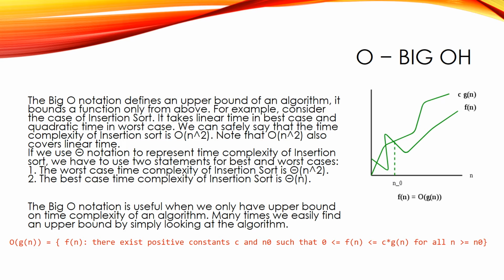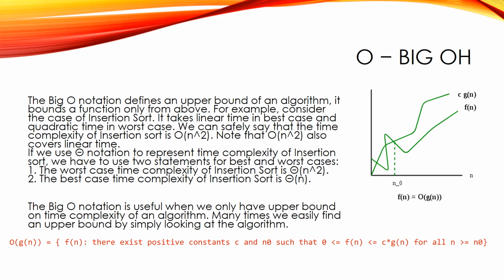We have n across the x-axis and t across y-axis, where n is input values, t is time, c is constant. Let's say to solve any problem, time taken or the function is f(n). Now f(n) is written in order of g(n). f(n) equals order of g(n), or f(n) is less than or equal to c dot g(n).